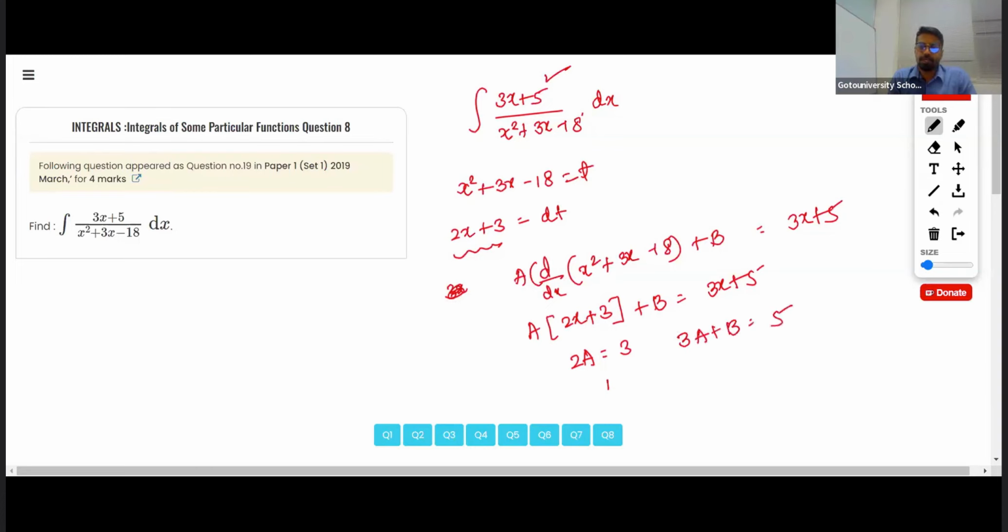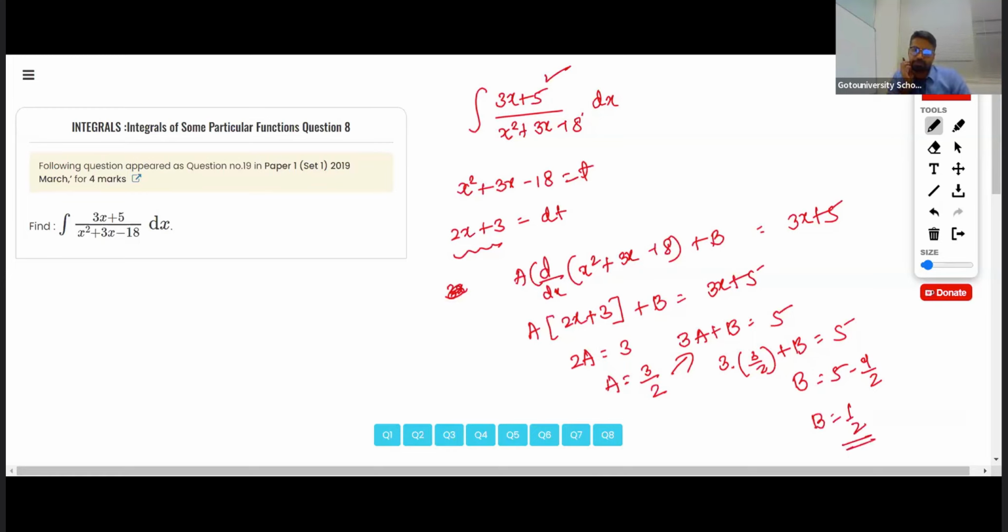So a is 3 by 2. To find b, I substitute a is equal to 3 by 2 here. 3 times 3 by 2 plus b is equal to 5. So b will be 5 minus 9 by 2, which is 1 by 2.